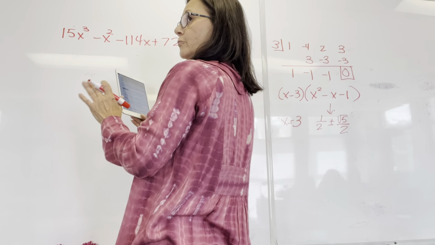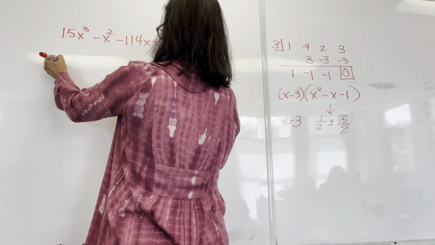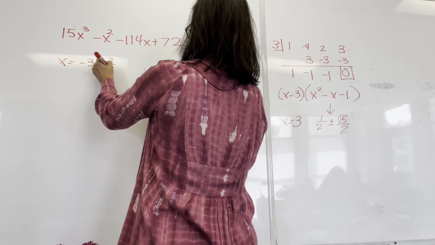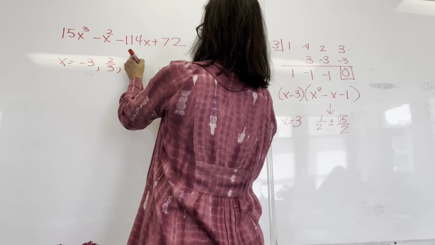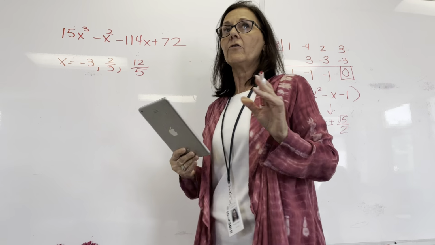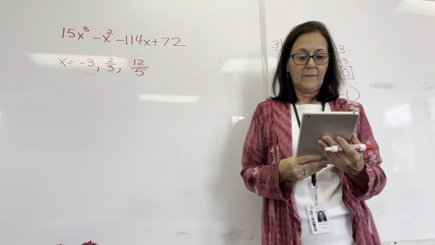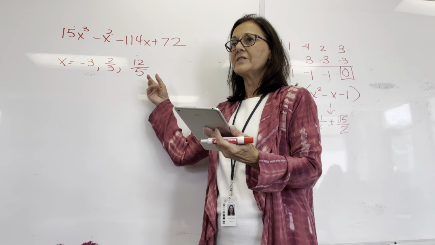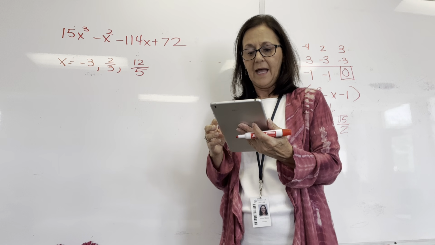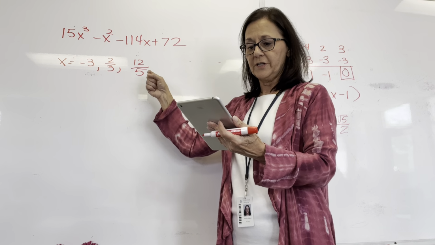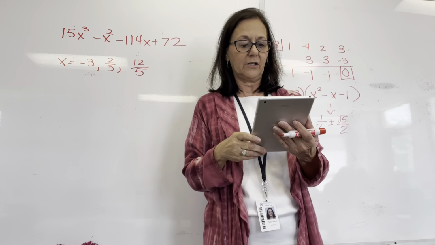All right, so I'm going to write what the zeros are. After they graph it, that's their zeros. So A and B are both the x-intercepts and the zeros. Same answer. C says, what are the solutions? That is the solutions.